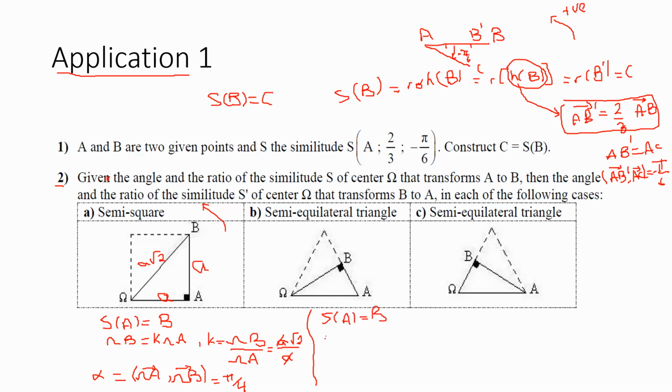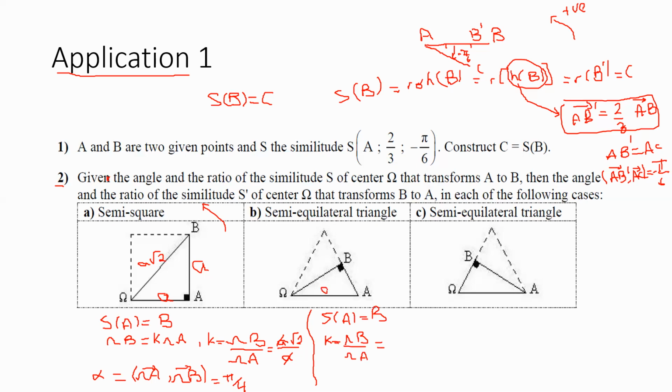By the same way, K equals omega B over omega A. I will not write them again, the same meaning. How much is omega B over omega A? This triangle omega B is semi-equilateral.